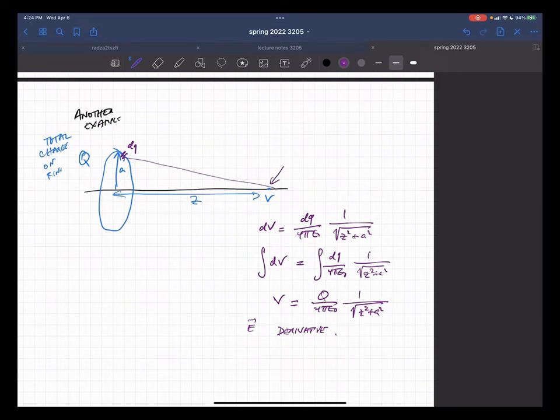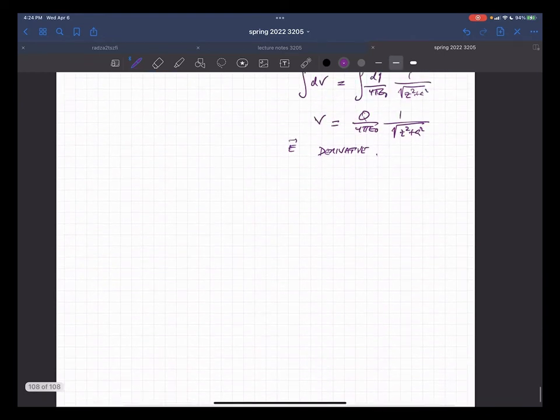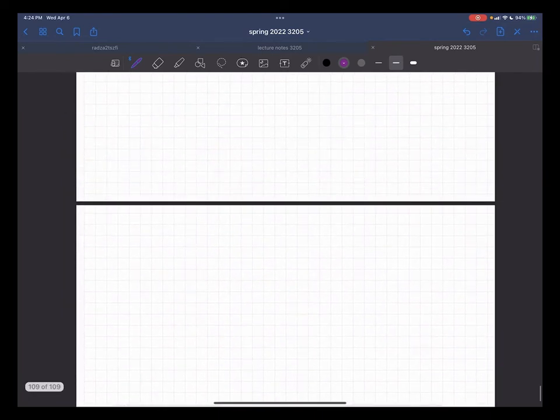Especially in cases where you can use Gauss's law. Okay, because we're just talking here, we're not talking about physical laws. We're talking about calculation techniques.